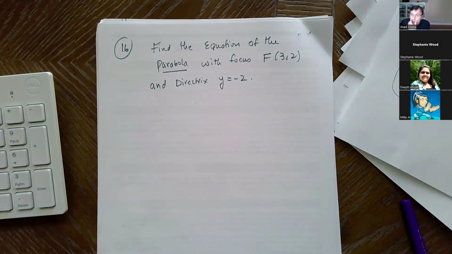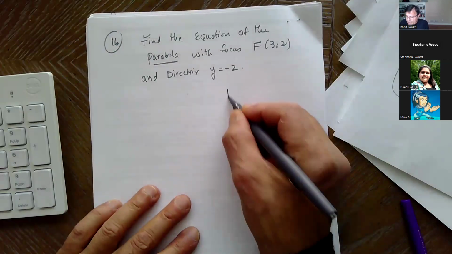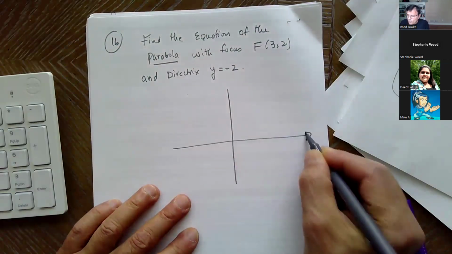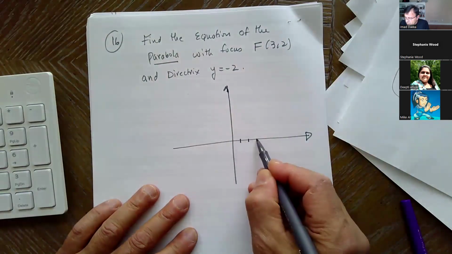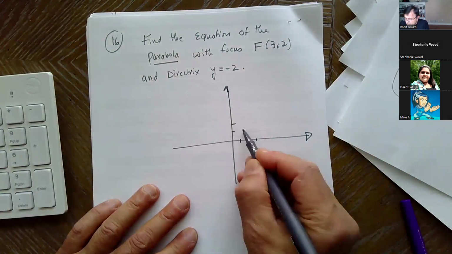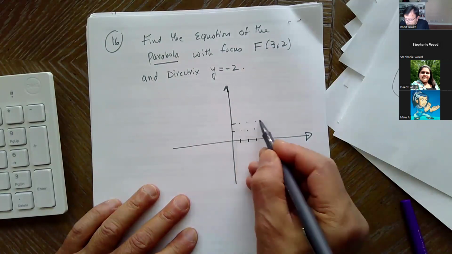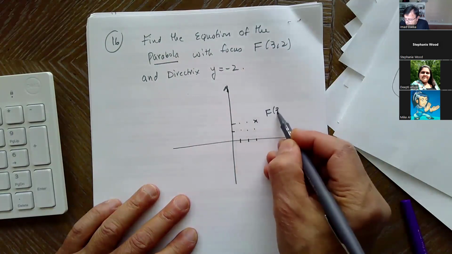So I need to know whether it's x squared or y squared, whether the vertex is at 0, 0 or somewhere else. In order to do that, I would do a rough sketch of whatever I'm given, which is the focus at 3, 2. So that's the focus.